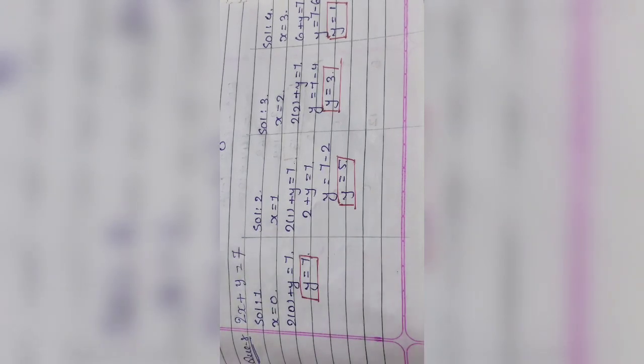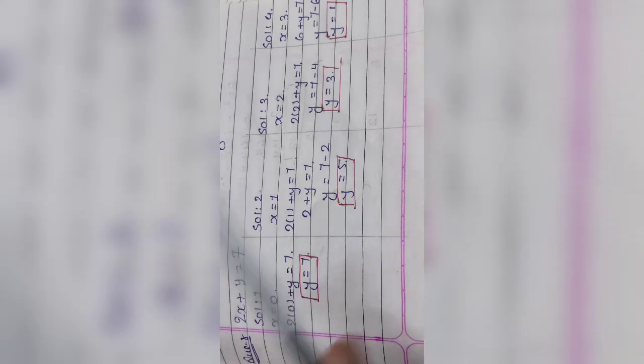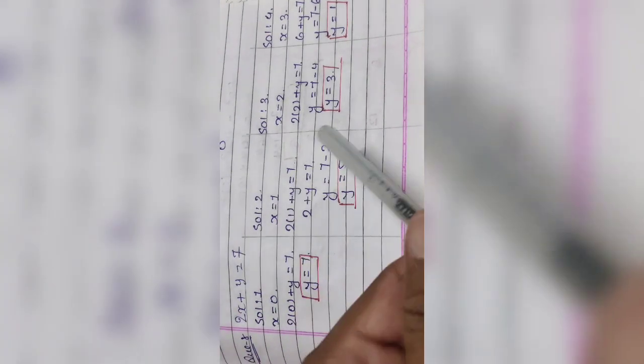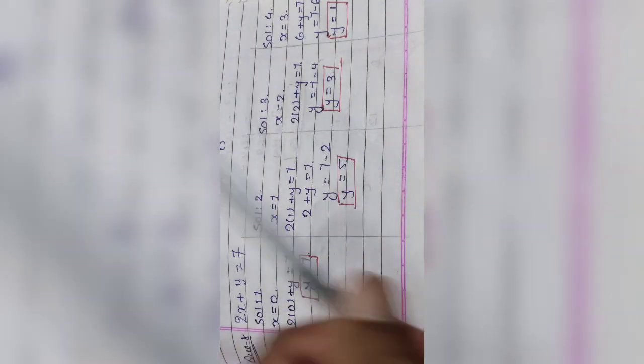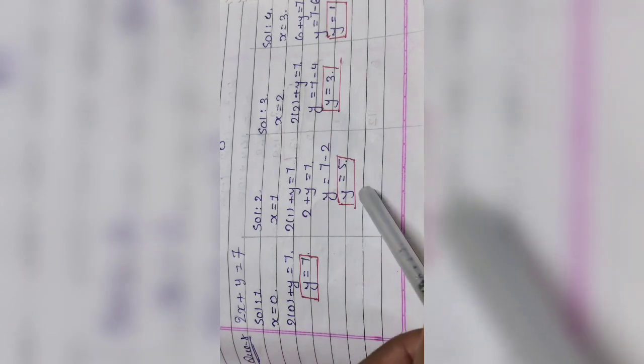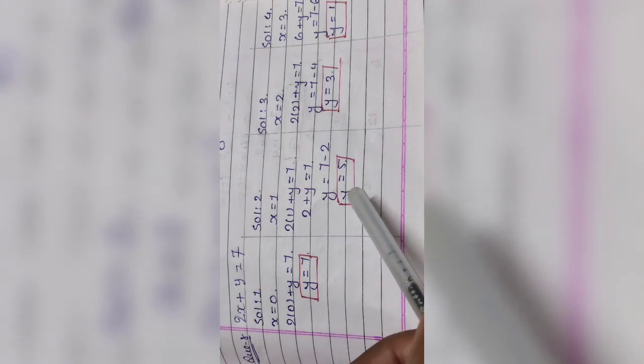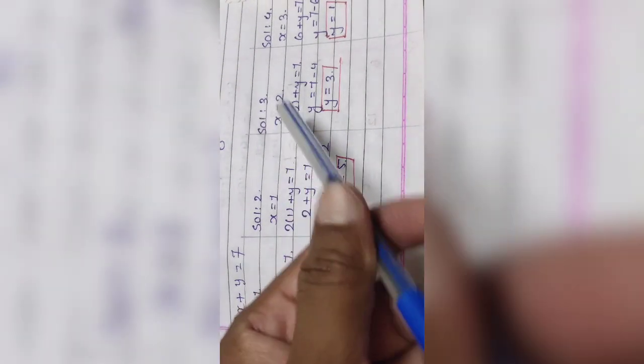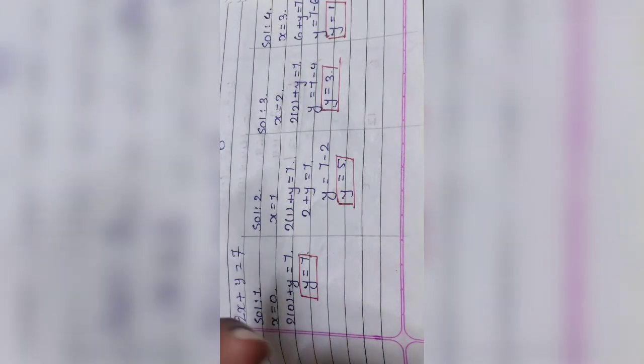If 2 goes from the left side to the right side, it becomes negative because it is positive. So 7 minus 2 is equal to 5, so your answer will be 5. Now I took 2 as x.